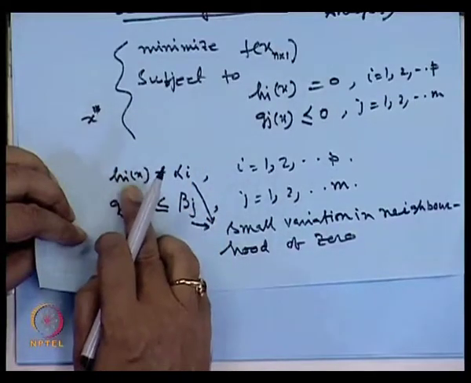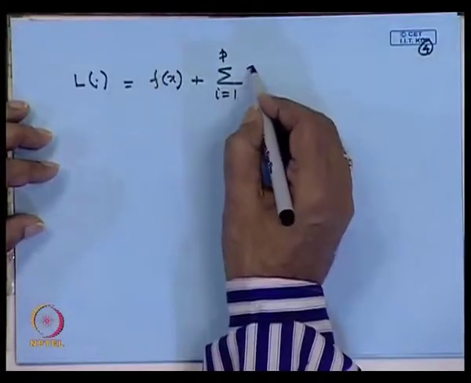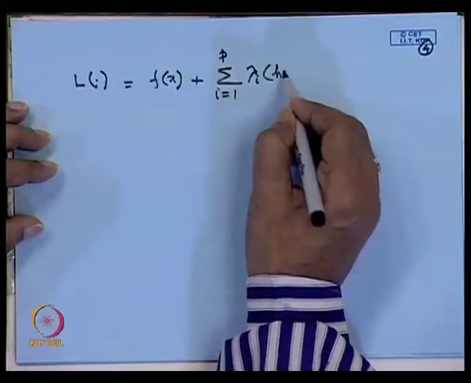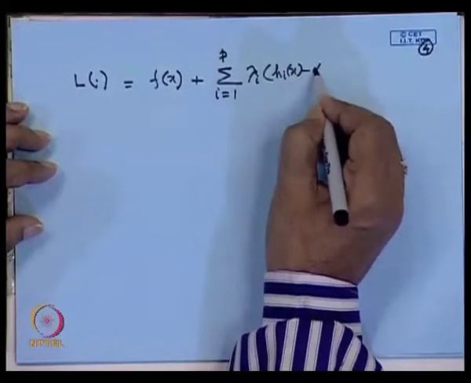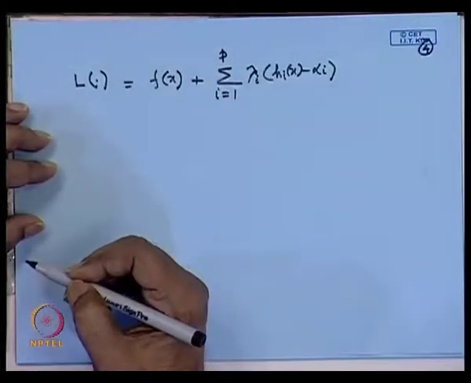So, h i of x minus alpha i can be written. So, summation of lambda i h i of x minus alpha i, agree?